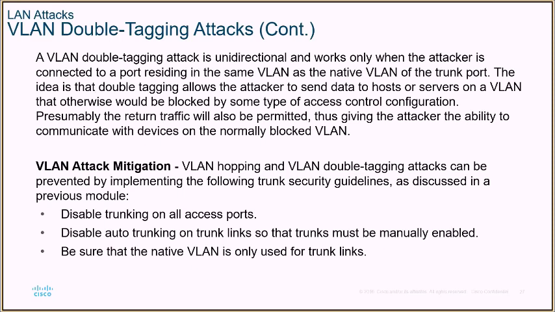You should only have native traffic on the native VLAN, and so they should actually be separate VLANs. And of course, switchport mode access will disable trunking on those ports instead of having it dynamically figure out it's an access port. By doing switchport mode access, you are manually putting it there, and it will not do that. You can also turn off your dynamic trunking.